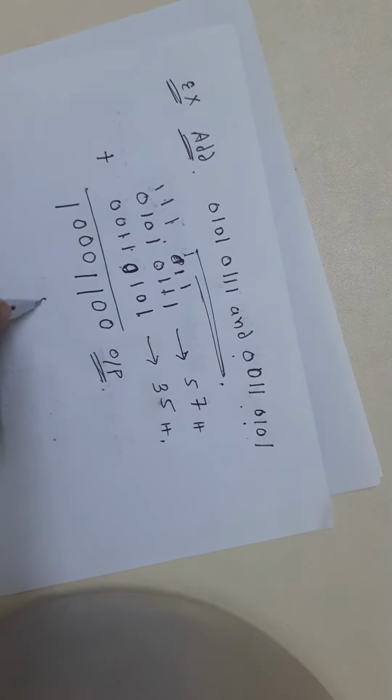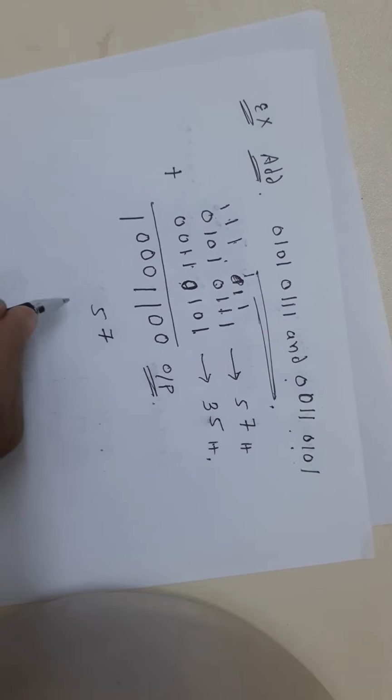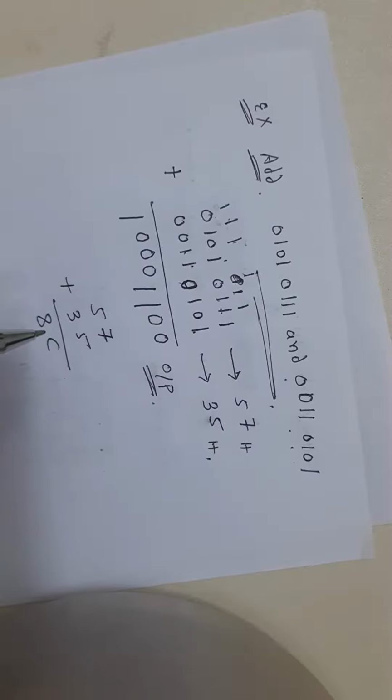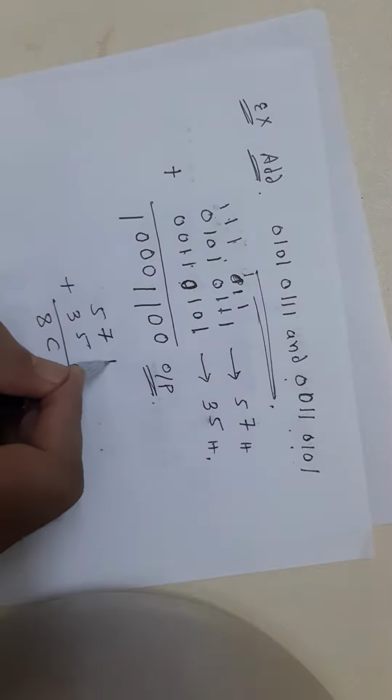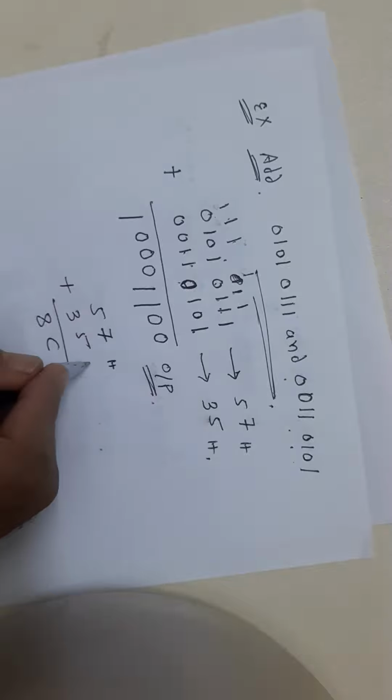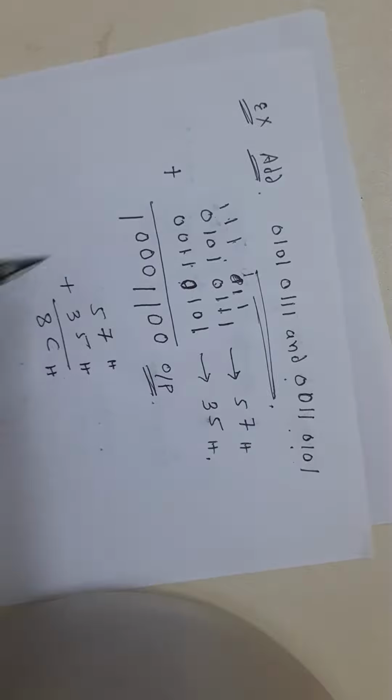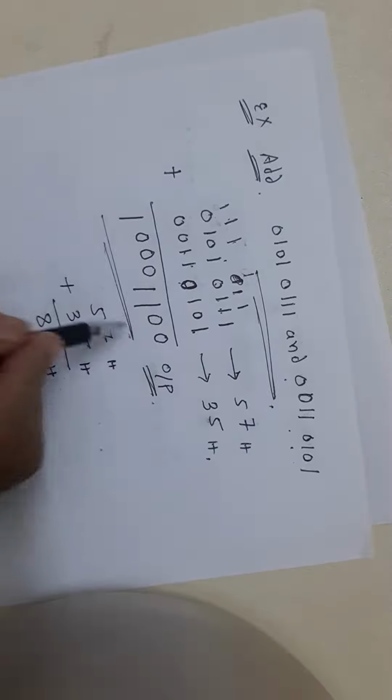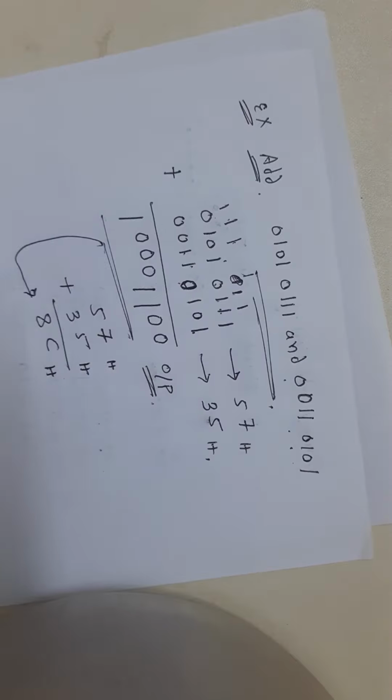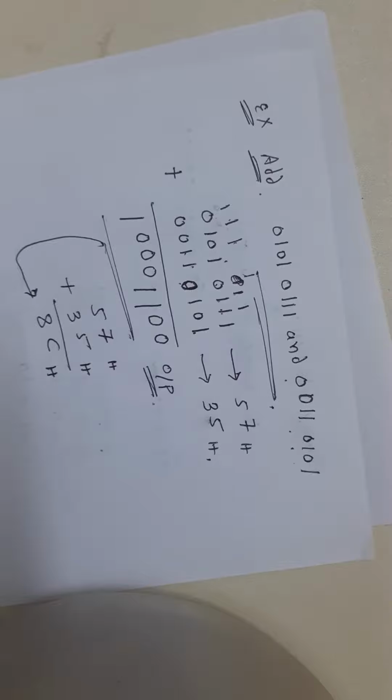So 57 plus 35 is equal to 8C in hexadecimal form. So we can write 57H plus 35H is equal to 8CH. In this way, we add binary numbers.